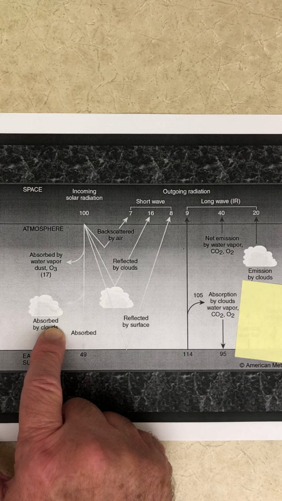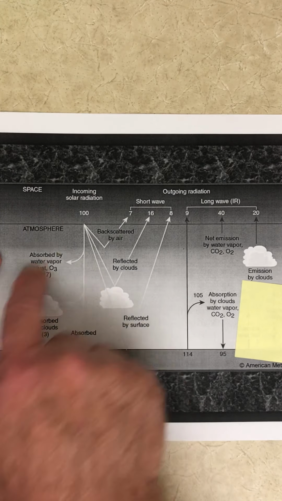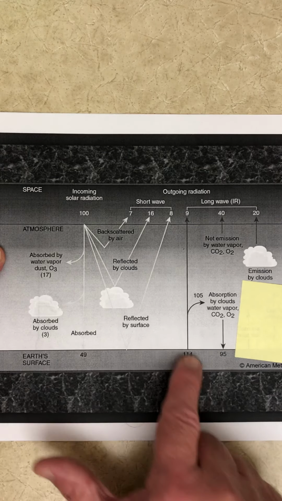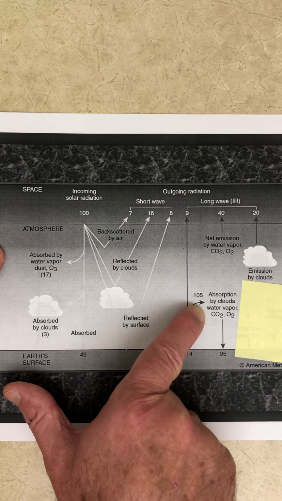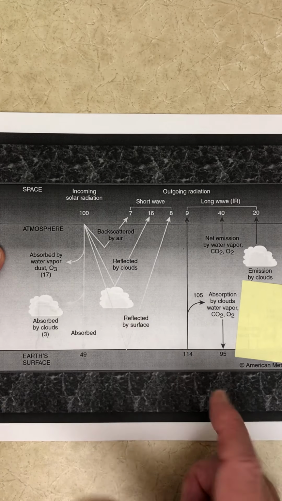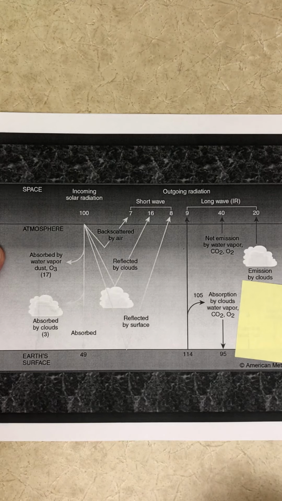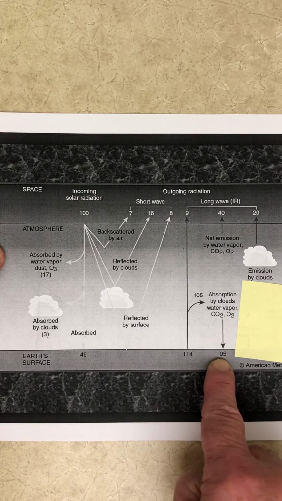We've got 20 units of solar radiation being absorbed by the atmosphere. We've got 105 units of terrestrial radiation being absorbed by the atmosphere. So that's what's going into the atmosphere. What's leaving the atmosphere are the 95 units coming back down to the surface.